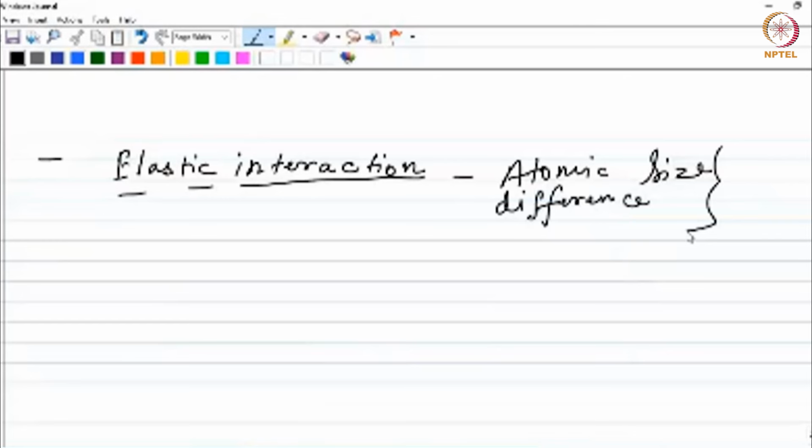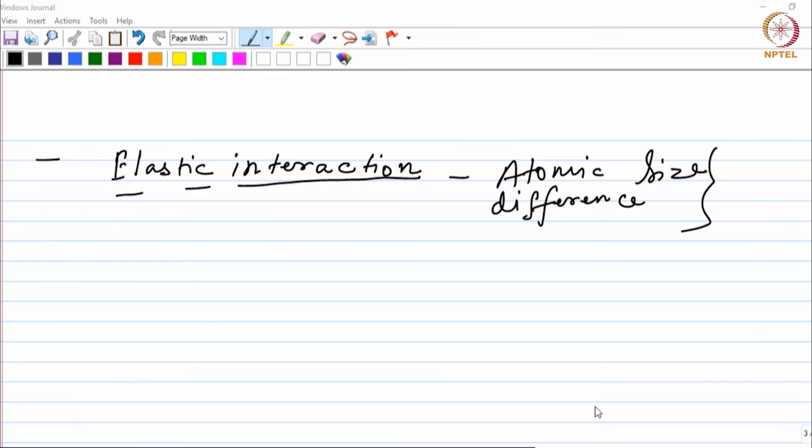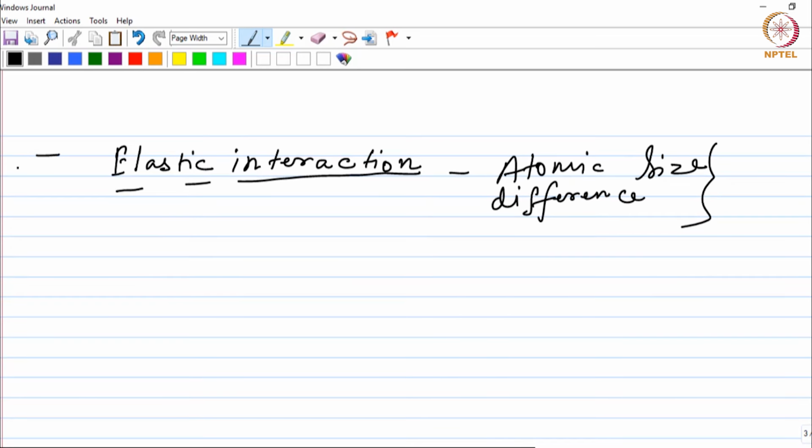And that is what we have just now discussed. So elastic interaction is all about the interaction between the solute atoms and the dislocation due to the difference in the atomic size. This is one of the mechanisms by which the solute atoms and the dislocations interact.